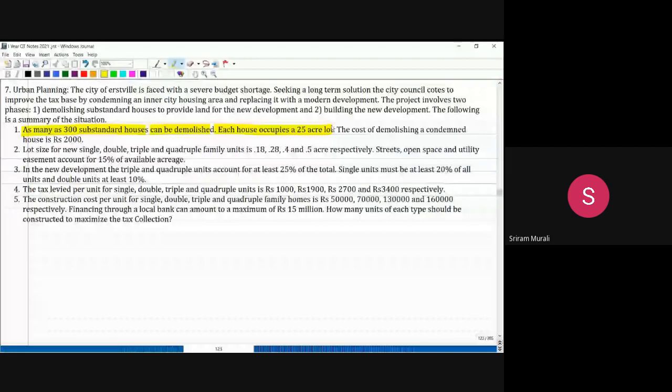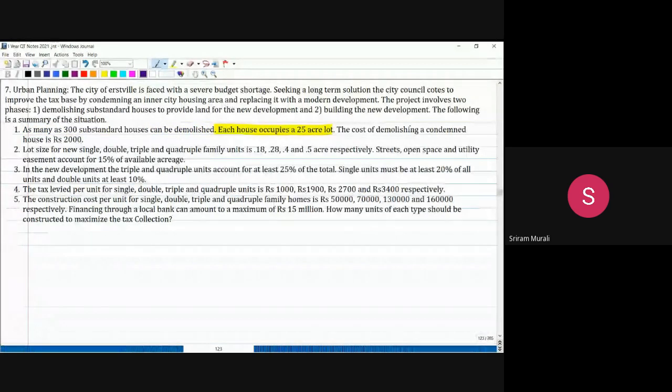As many as 300 houses means you can demolish up to 300 houses, not exactly 300. You are given 300 houses, but you are not going to demolish all 300. We will take only those which are not in a standard form. That is why they are telling as many as 300 houses can be demolished. Every house occupies 25 acre of land.